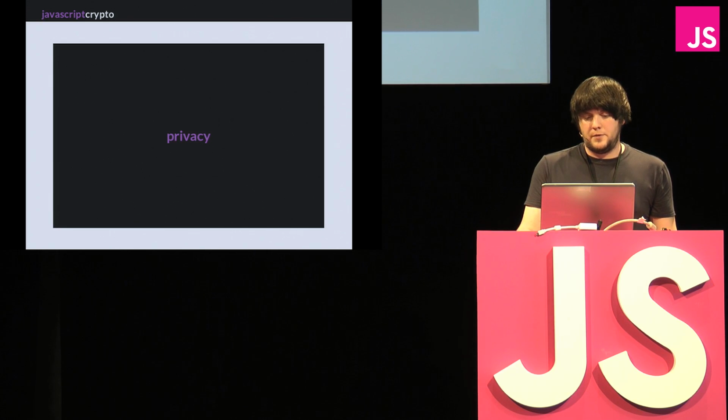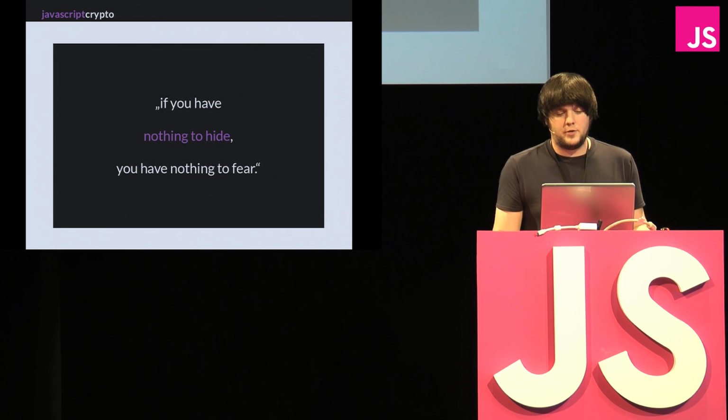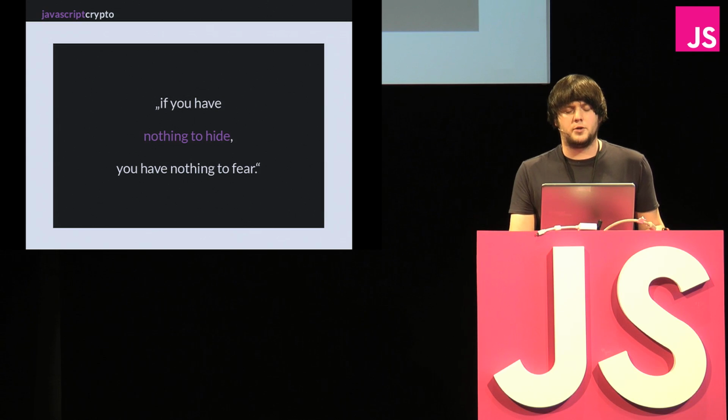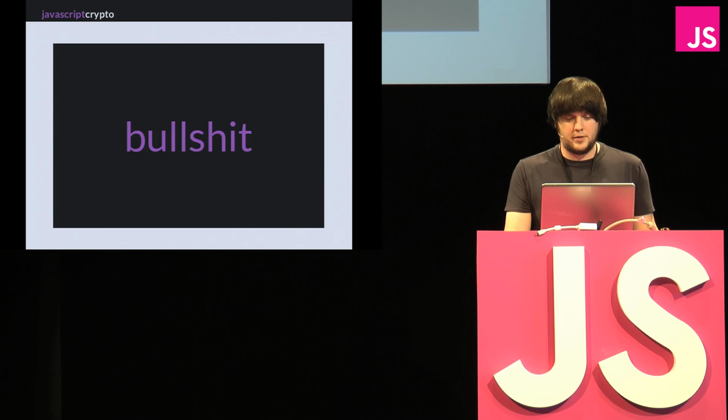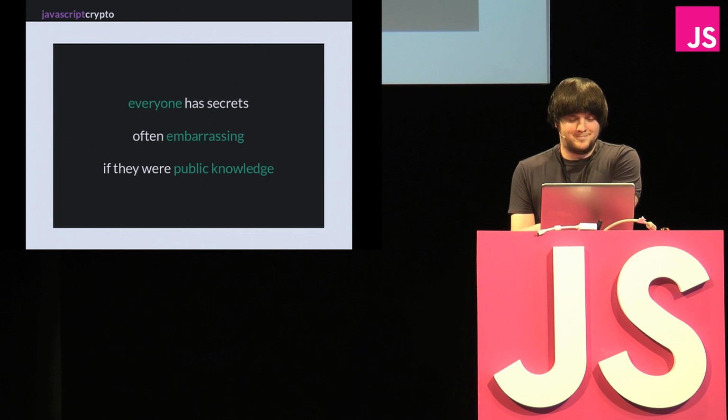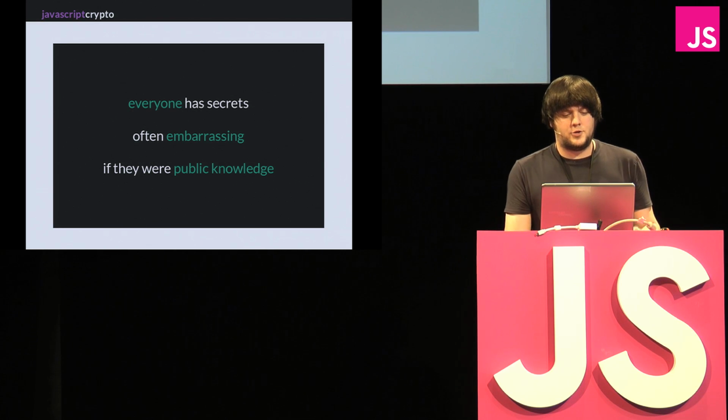And I think with recent developments, one big subject that we all need to care about is privacy. So you've probably heard this sentence that privacy is not so important. If you have nothing to hide, then you don't need privacy. And I think this is total bullshit. It's just a sorry-ass excuse to explain everything.